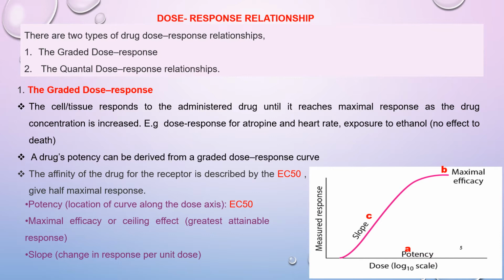The quantal dose relationship is constructed for drugs which have either response or no response. For example, the presence or absence of epileptic seizures indicates the effect of the given dose of the drug. It is performed on a population of subjects. We'll discuss the quantal dose-response relationship later.